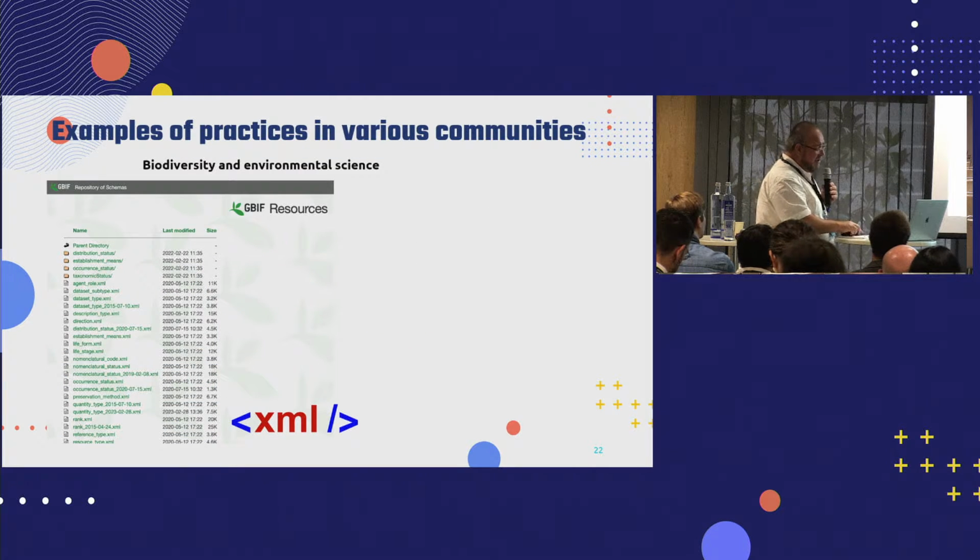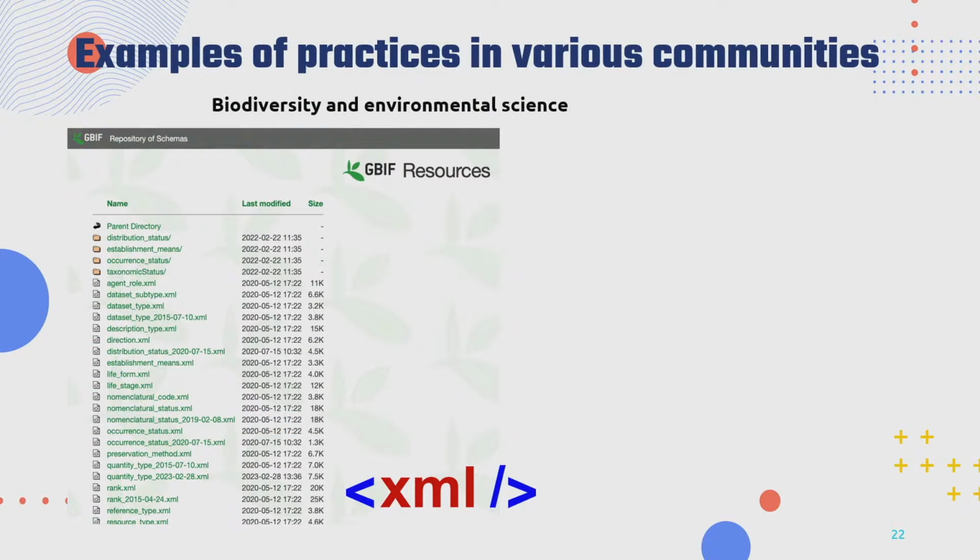Now, I wanted to give a short overview of the practices in communities. Again, it's not a full landscape analysis, but working with colleagues in different domains, for instance in biodiversity and environmental science, if you start looking at the ontologies or thesauri that exist, in GBIF, for instance, you have a very extensive list of concepts.